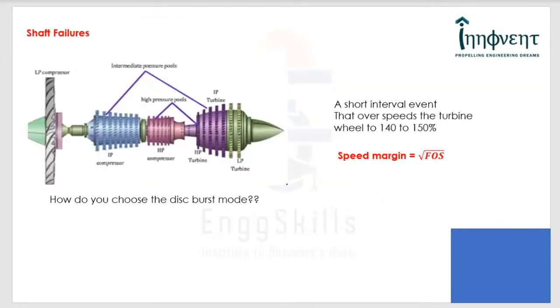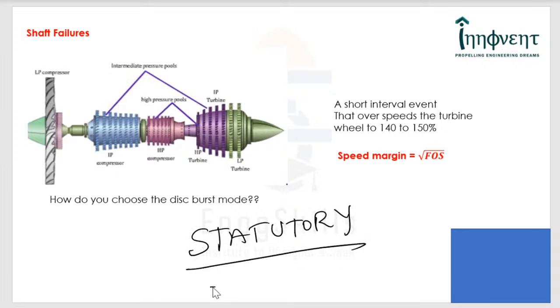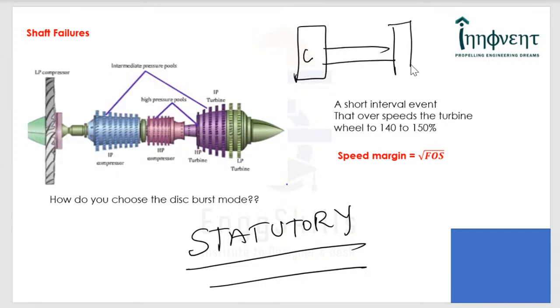Now let's move on. If you read any of the statutory documents for a gas turbine, what is very important is the integrity of the shafts. Why? Because any shaft failure can bring about catastrophic failures. Now, let's consider a simple situation of a compressor joined to a turbine.